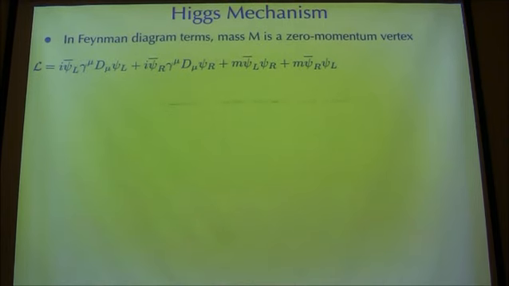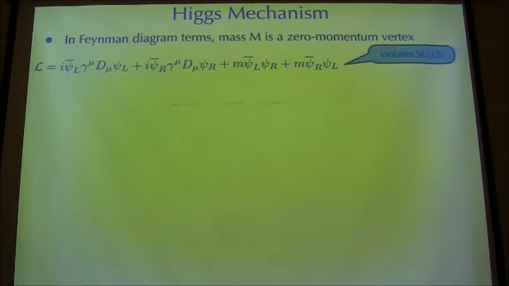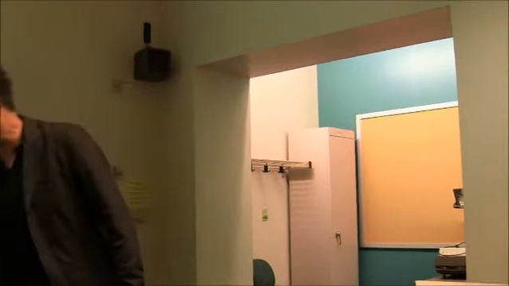So the Higgs mechanism, what does it do? Maybe this is my most technical slide. The point is that if you have a massive particle, the left- and right-handed pieces of the particle are connected to each other, or married together, by the mass term.